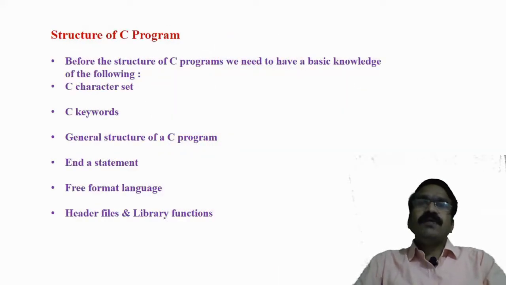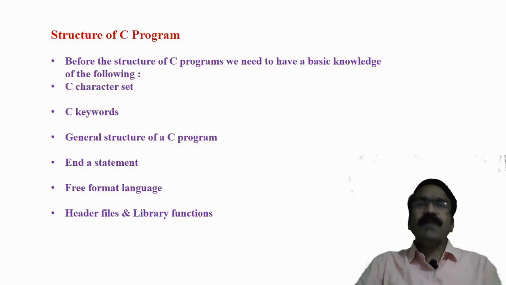Then we will see the structure of the C program. Before the structure of a C program, we need some basic knowledge of the following. What do we have in a C program? C has a character set. It has some keywords, the general structure of a C program, the end of a statement, free format language, and some header files and library functions.